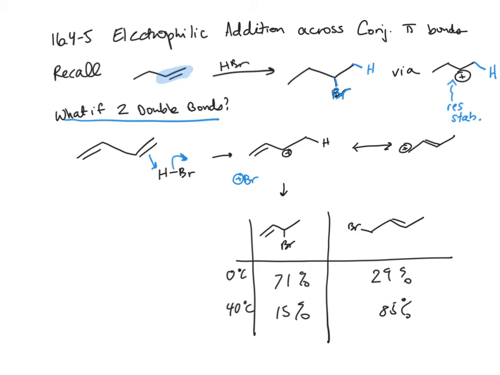You can draw an arrow here that shows how you get to the second resonance structure, where the cation, it's not primary. We know we can't draw primary cations. It is a vinylic cation, meaning that it is stabilized by the alkene or vinyl group.